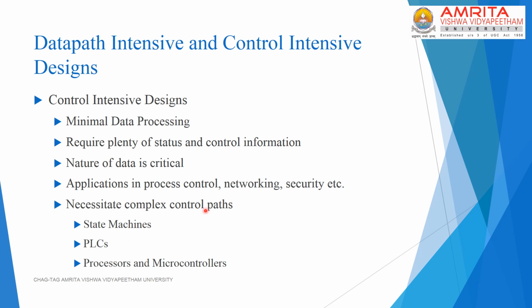Therefore, as mentioned earlier, we require complex state machines, and sometimes the control action might require a dedicated processor with its own set of firmware, or in some cases the control path is implemented by programmable logic controllers.